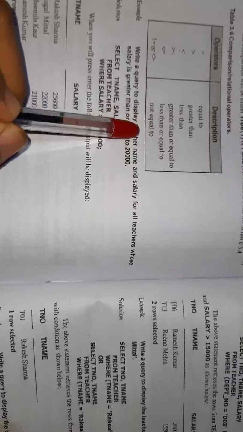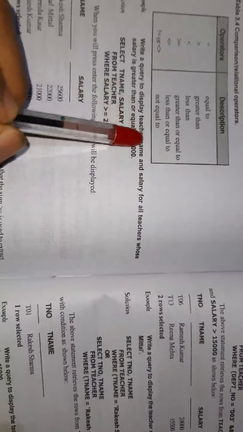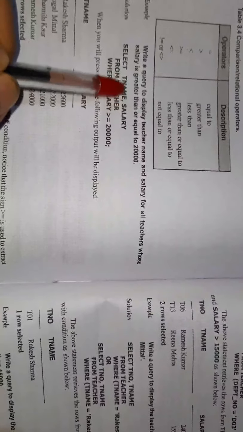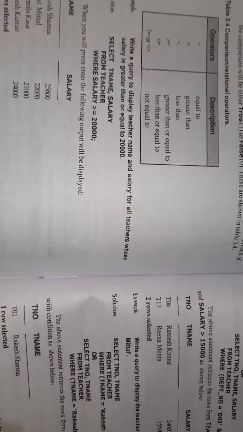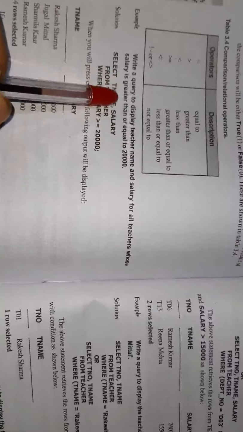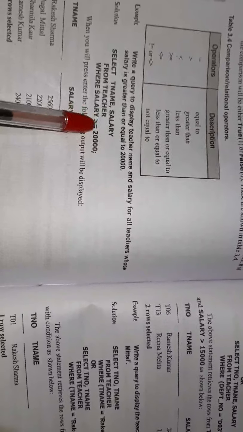In the query question it is first written name and salary, but here the column name is t name, because while creating the table you mentioned the column names as t name and salary. So, separated by commas: select t name, salary from teacher where salary is greater than or equal to 20,000.